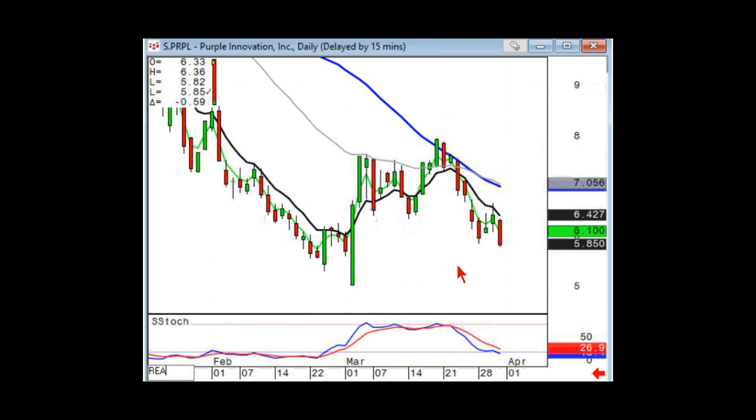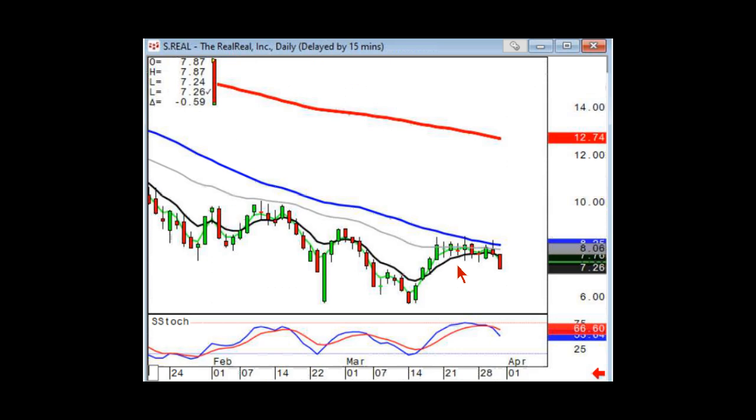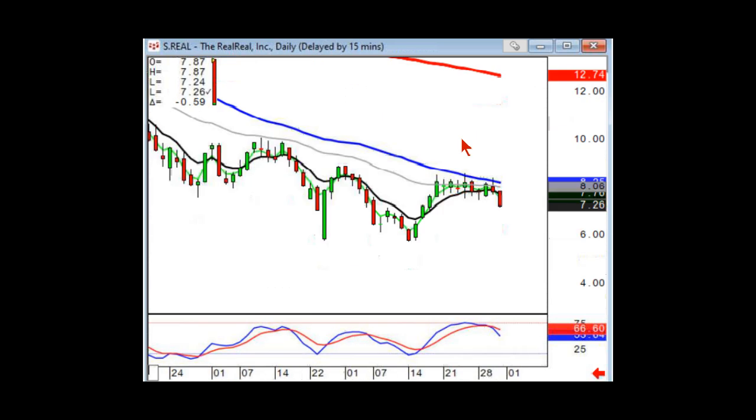So just one quick glance on most charts will give you a good indication of what's happening to the trend and where the trend might be supporting or resisting. So Real failed here at the 50. Where's your next target? First target, second target.